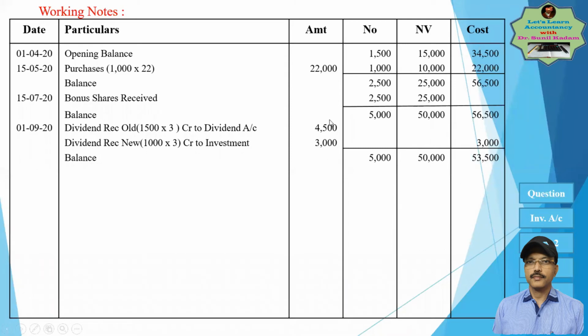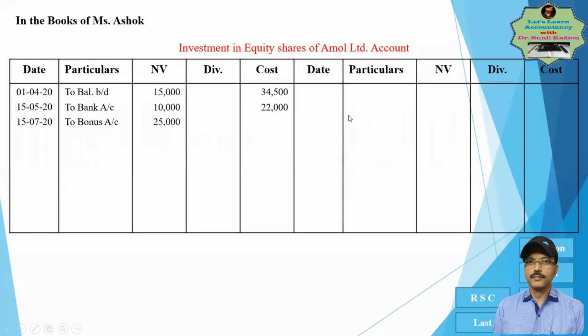So these two journal entries which we have already discussed have to be recorded by passing the entry. Entry will be bank account debit 7,500, to dividend 4,500, to investment in equity shares 3,000. Posting will go to the investment account credit side, 1,920 by bank. In nominal value, nothing will come.